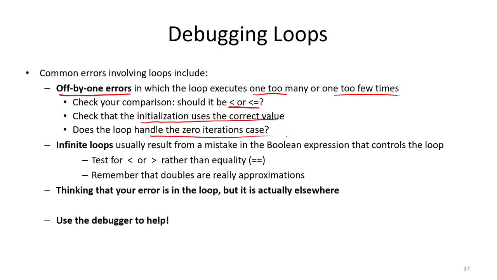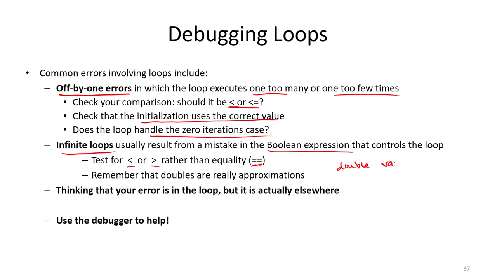Another common loop error is infinite loops. Typically these happen if we don't set up our Boolean expressions correctly. So it's often best to test for greater than or less than instead of equality. And remember that double variables can actually contain some error due to rounding.